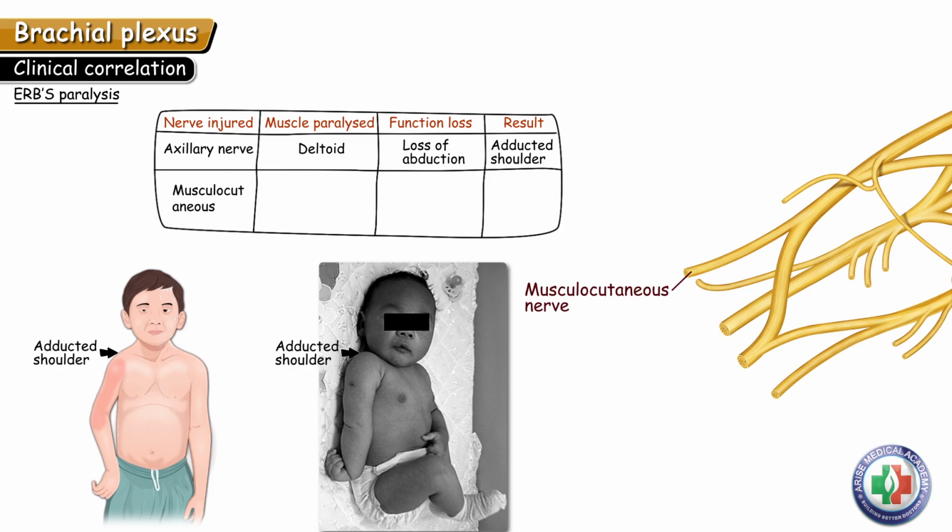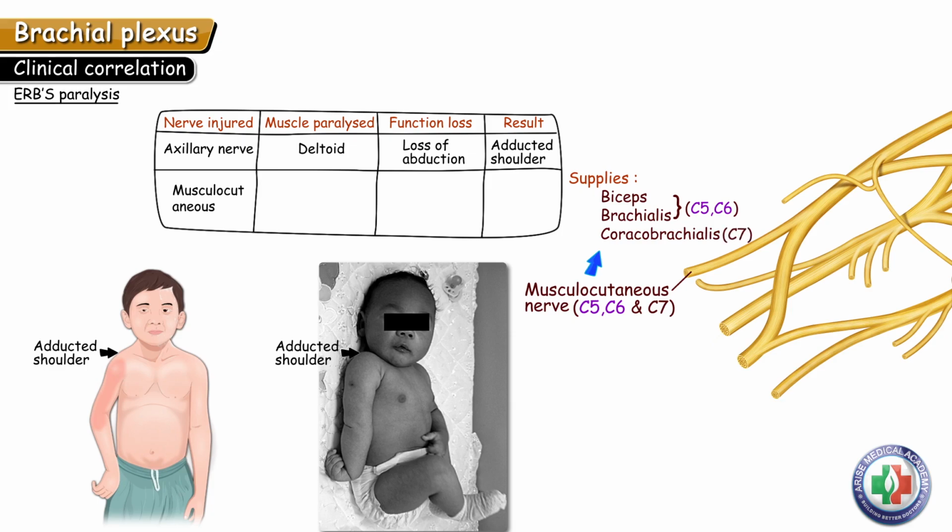Musculocutaneous nerve has a root value of C5, C6 and C7, and supplies muscles biceps, brachialis and coracobrachialis. The biceps and brachialis are innervated by the roots of C5, C6, whereas the coracobrachialis receives innervation from the C7 fiber.